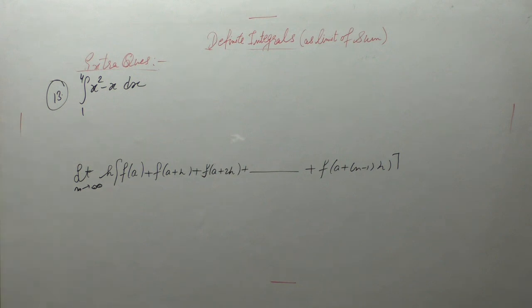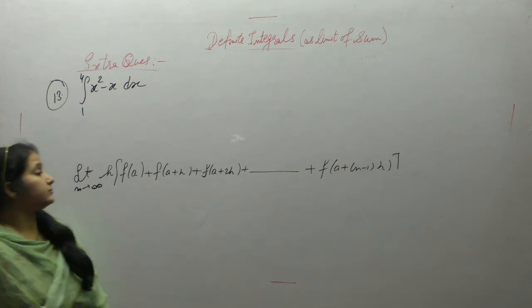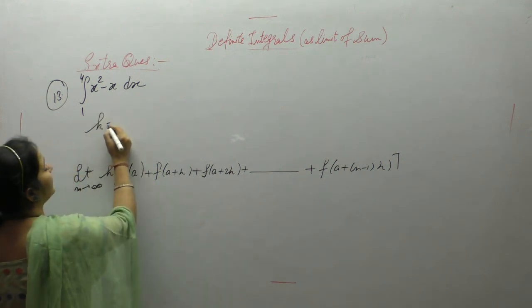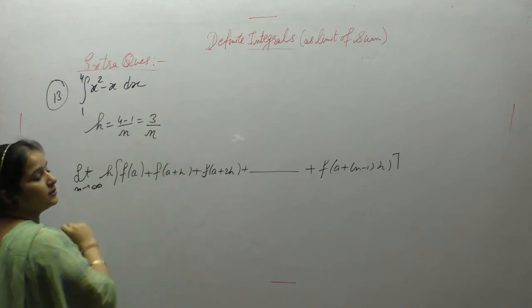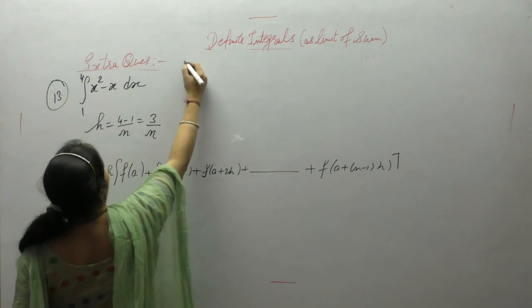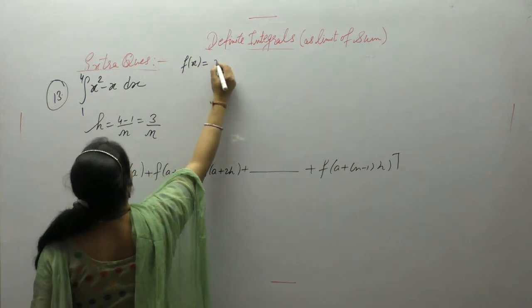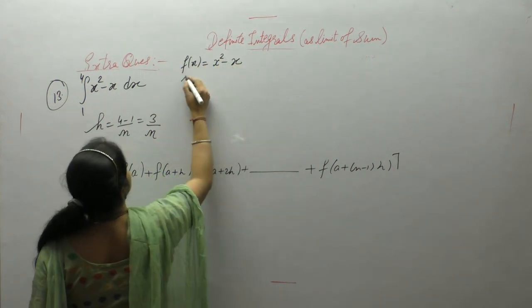Integral 1 to 4 x square minus x dx. H is upper limit minus lower limit upon n, 3 by n. F of x is x square minus x.